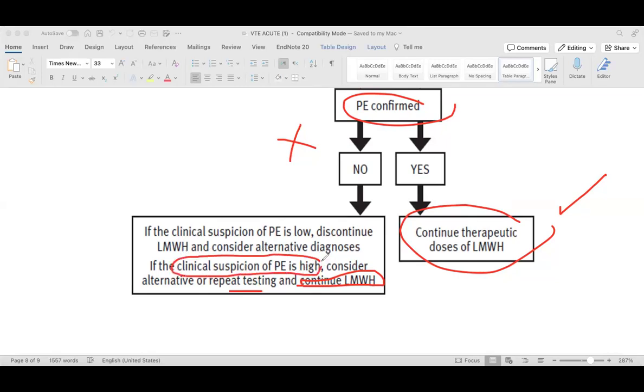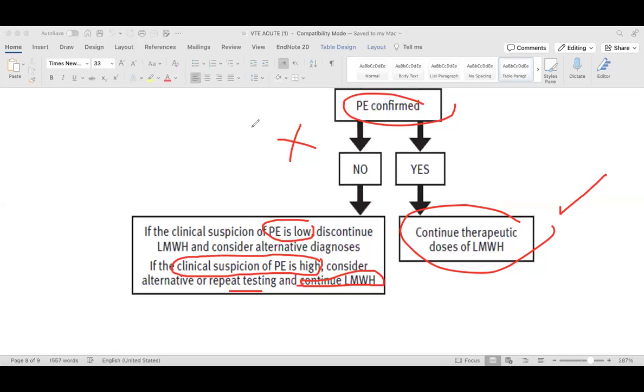If the pulmonary embolism clinical suspicion is low, meaning the situation has changed, the pain is gone, she is okay, or it appears to be another thing, then with low clinical suspicion, plus finished, I will stop the low molecular weight heparin because I got another diagnosis.